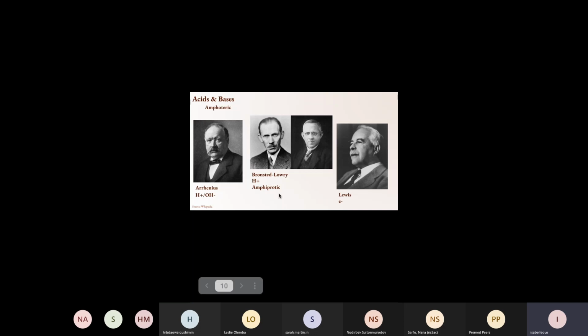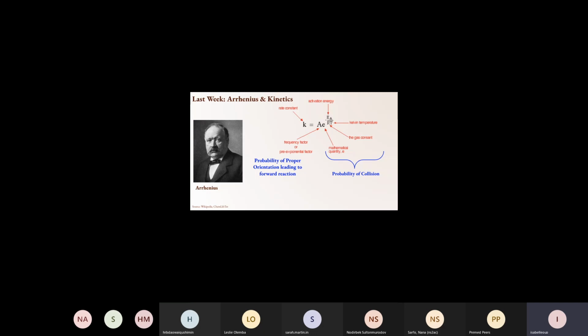The other key terms here, amphoteric and amphiprotic, I highlighted because they're also important in biochemistry. Another thing that I wanted to review with you guys is the Arrhenius equation, which I didn't go over last week. Sometimes it appears, and I have definitely seen it during many practice exercises.